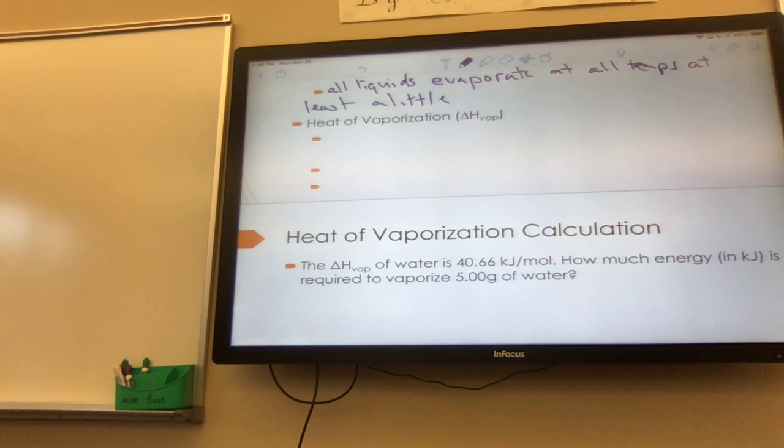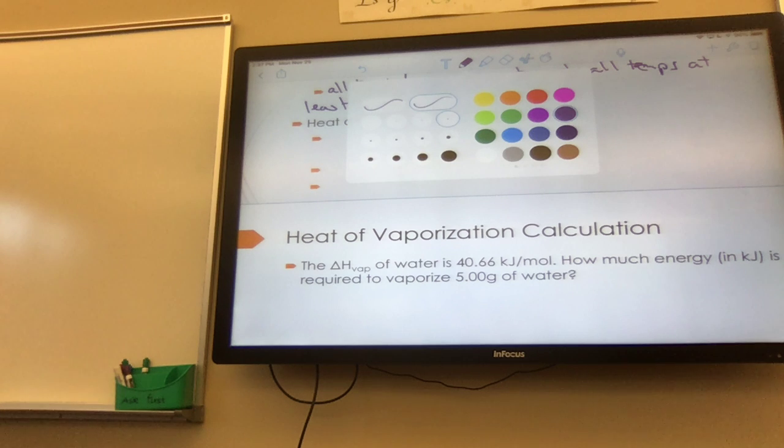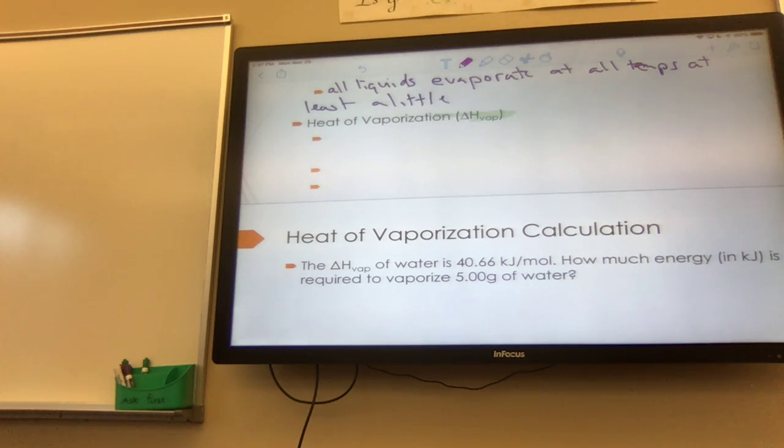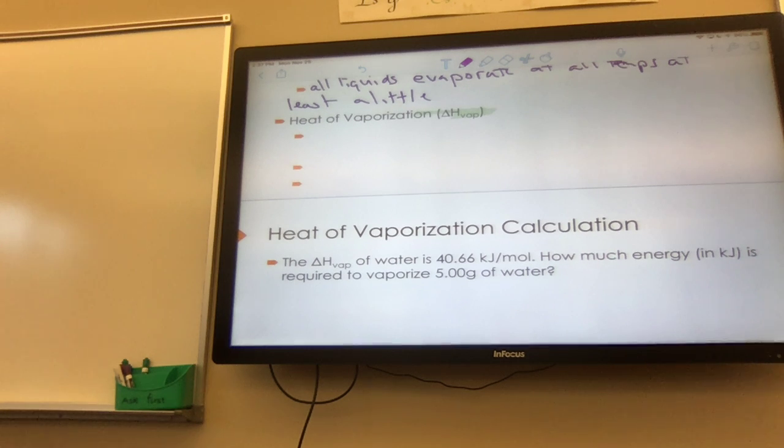And we're going to talk about this term, delta H of vaporization. I feel like we have talked about it a little bit. But it is the energy change associated with vaporizing 1 mole of a liquid. We generally do it in kilojoules per mole. I have to zoom in a little bit.